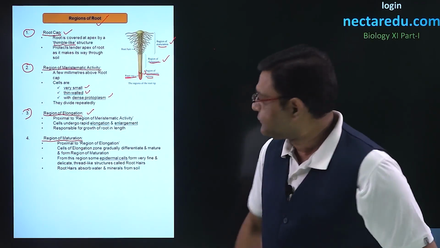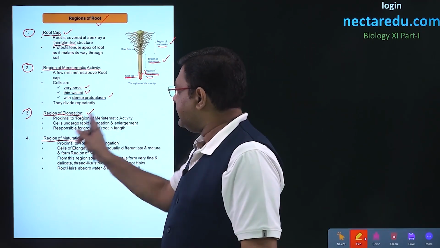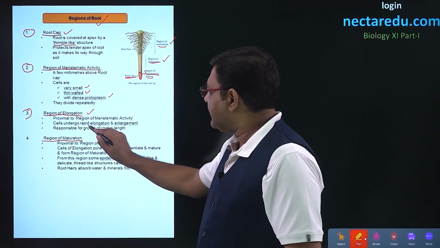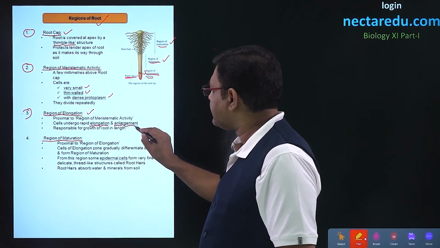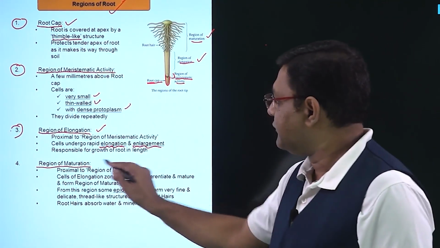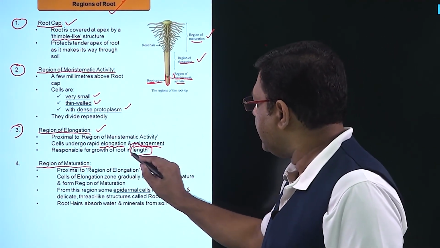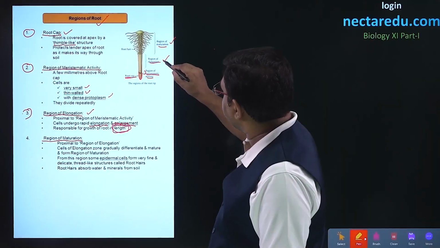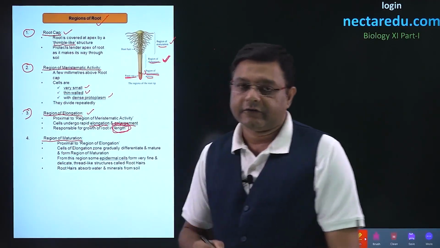In this region of elongation, the cells, as the name says, will undergo rapid elongation and enlargement, and this particular region is responsible for the growth of root in length. So, this root will grow in length with this region of elongation.